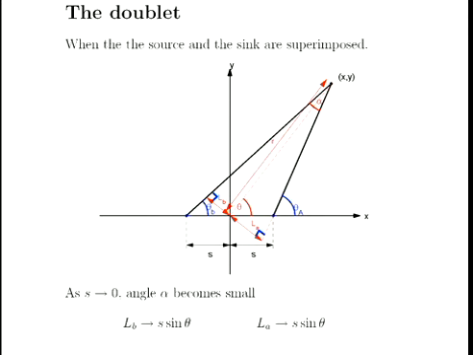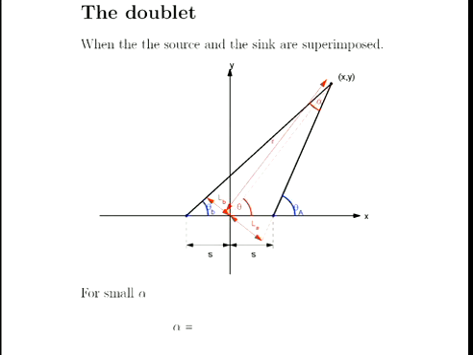So what I can write is that angle alpha, and again this is just a small angle approximation, will just be equal to the tangent of that angle alpha, which I can approximate as just that distance LA plus LB divided by that distance r.